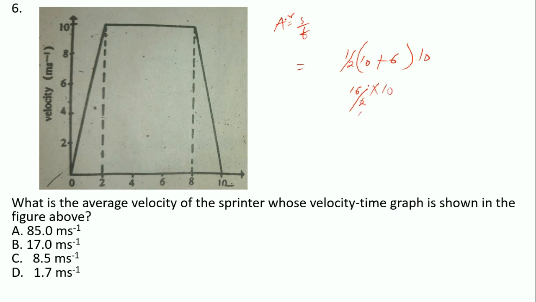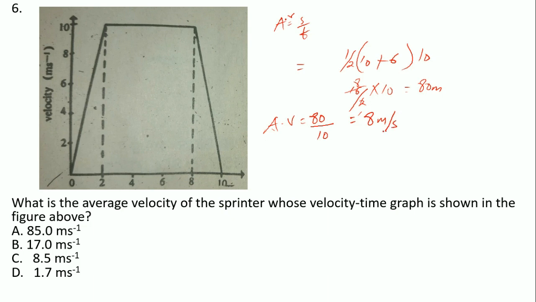So I have 16 divided by 2 times 10. 16 divided by 2 is 8, and 8 times 10 would be 80 meters. So I've got that 80 meters. That one is done and dusted. The other one is the time. So the average velocity is going to be the displacement, which is 80, divided by the time, which is 10. So that would be 8 meters per second.